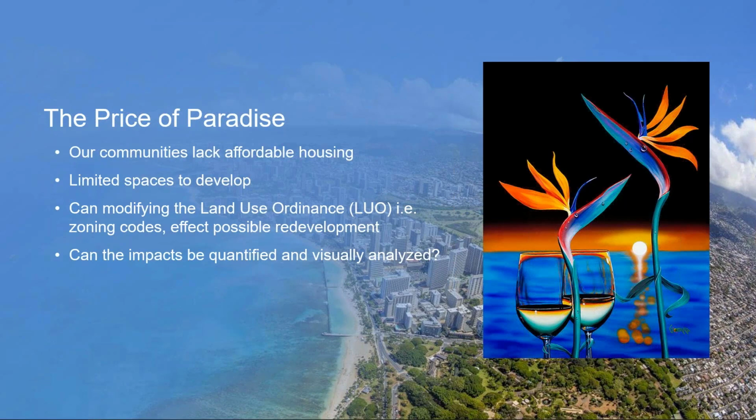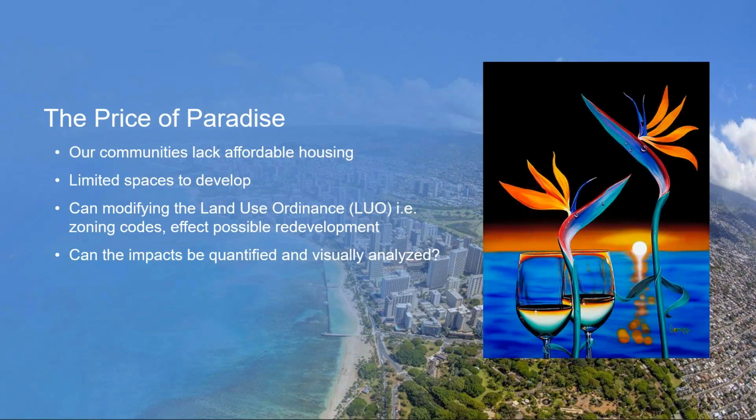First thing to understand is that our communities are all facing affordable housing issues. Here in Honolulu, that is a major policy issue that we're trying to address. We have very high cost of living, very high cost of housing, and a variety of different proposals are coming forth to help address these issues.